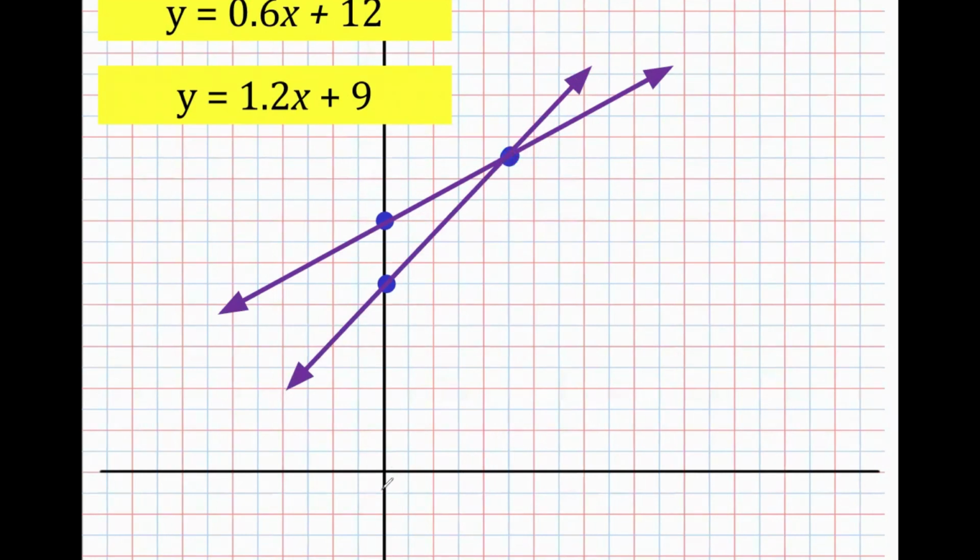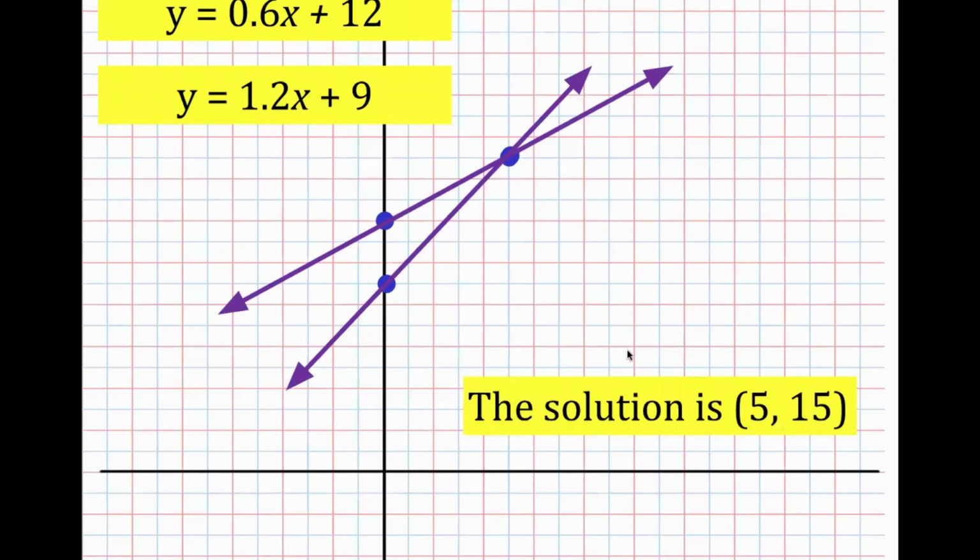So our point of intersection is going to be 5, 15. And remember, we were in ax plus b equals cx plus d form, and the original problem was only looking for how many months it would take for the plants to be the same height, and that was represented by the value x.